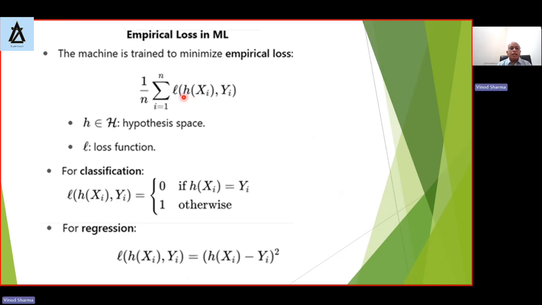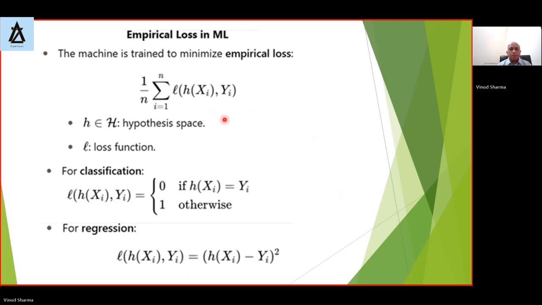Given xi, if we choose h, it will assign xi a label, which may or may not be the same as the given label yi in the training sequence. For a given h, we find the loss between h(xi) and yi and take the average of the loss, and we train the machine so that the h we finally get minimizes this empirical loss.